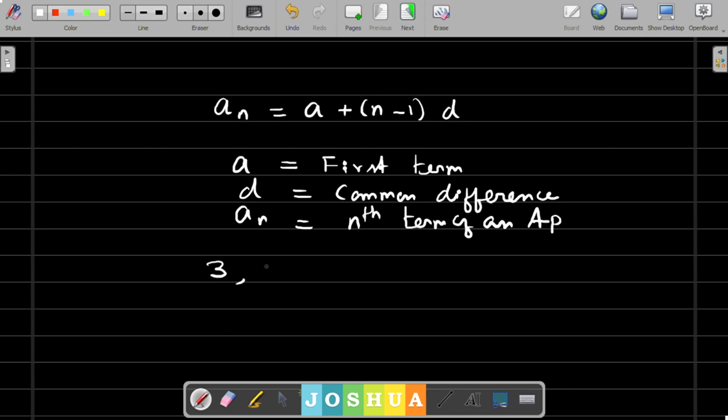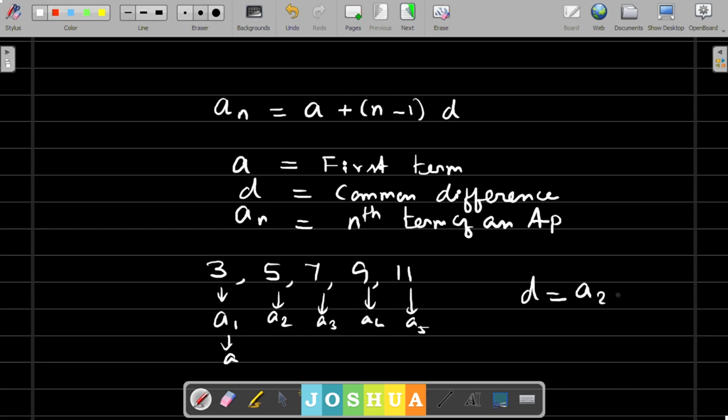Okay. So for example, if you have numbers like 3, 5, 7, 9, 11 and so on, here the a refers to the first term, that is a1, we call that a. And the difference between the second term and first term, a2 and a1, or between a3 and a2, or between a4 and a3, or between a5 and a4, that is known as the common difference.